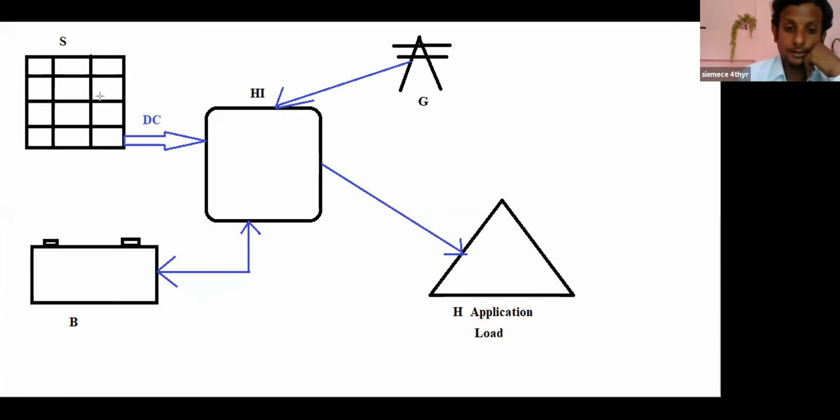Sometimes we face a power failure in the grid, and at that time we can use the battery as a backup. And then we have the solar cells also. When the solar cell is working properly, or on a sunny day, for that particular day and time we can totally depend on the solar cell.